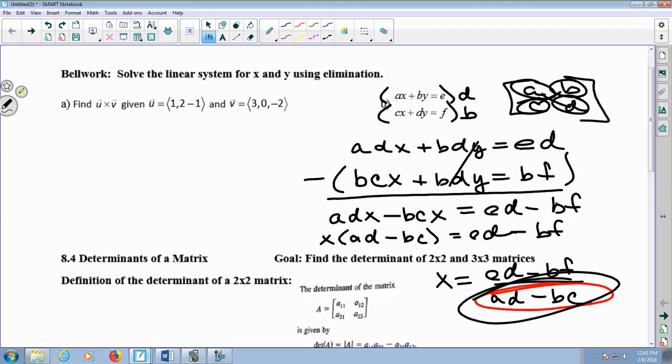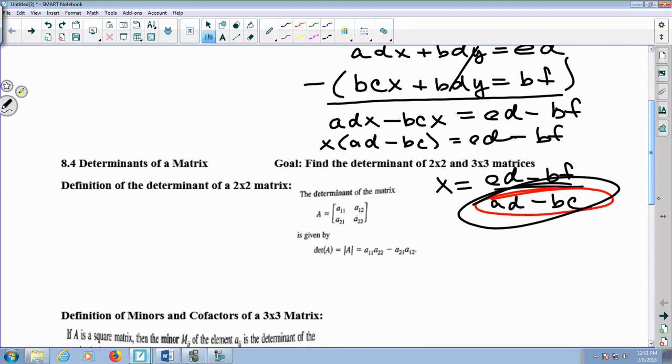So that's what we're going to call the determinant of the matrix. If you look within the solution, if ad minus bc equals 0, then x would be undefined, and we don't have a solution to the system. That gives credence to this determinant we're calculating being relevant, as we will find moving forward.